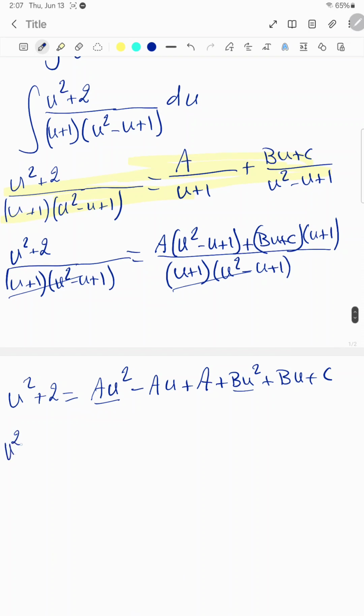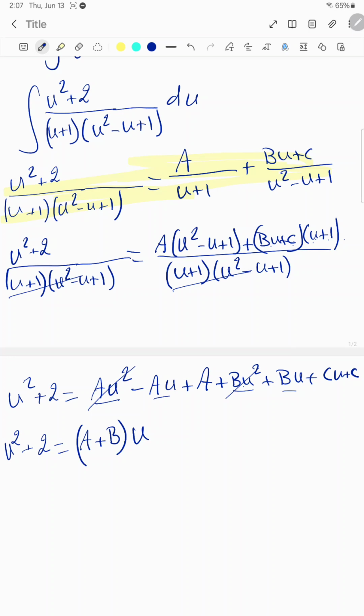So my u square plus 2 is equal to A plus B multiplied by u square. Here bu times u is b square, bu times 1 is bu, c times u is cu, and c times 1 is c.